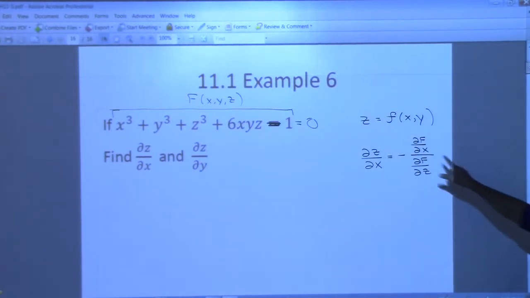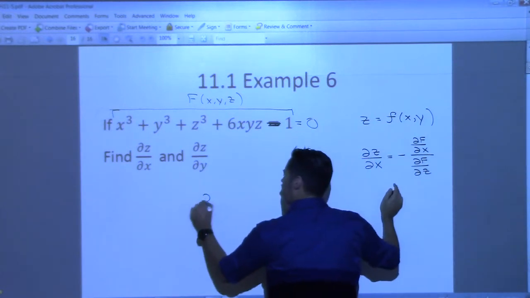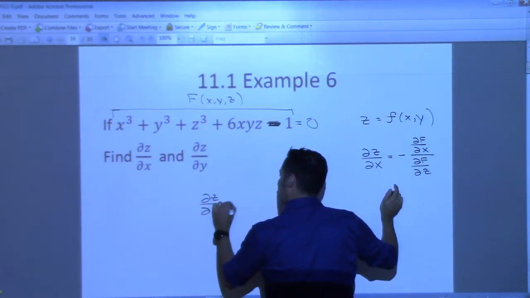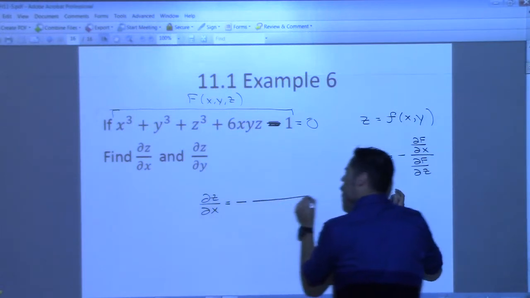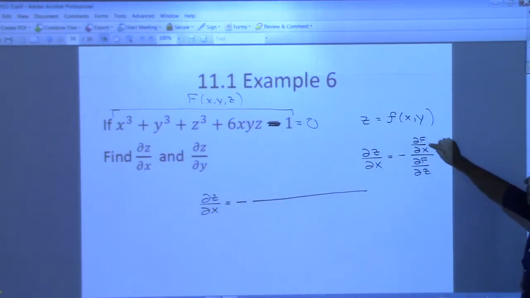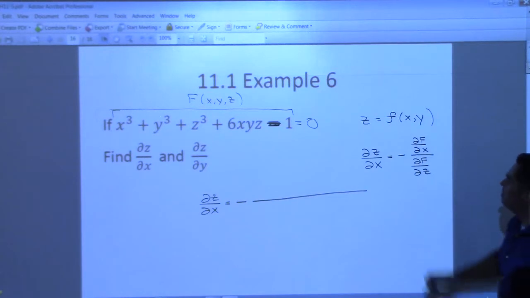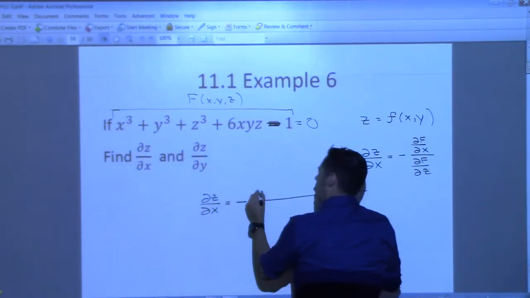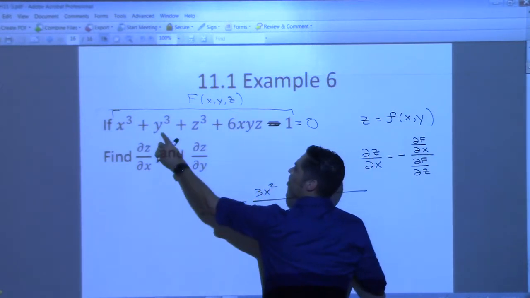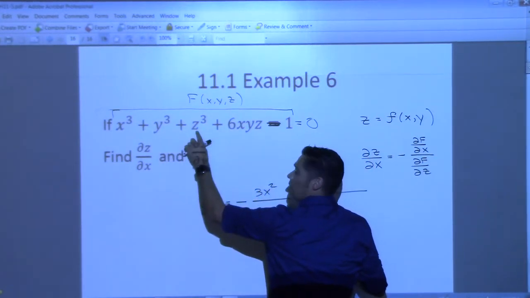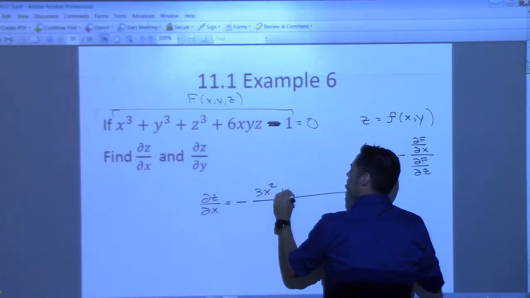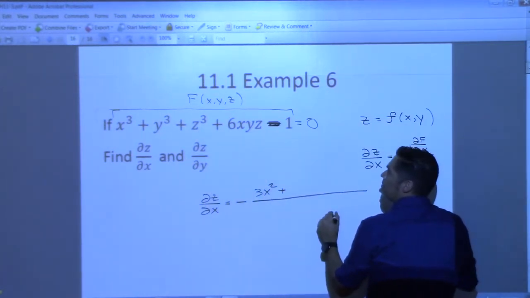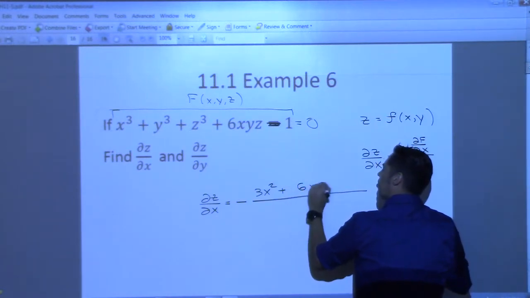Now, to calculate this, I need the partial of z with respect to x. I'm going to go negative. Now, what is the partial of capital F with respect to x? That means we're going to treat y and z like constants. So what is the derivative of this with respect to x? 3x squared, 0, plus 0, plus 6yz, right?